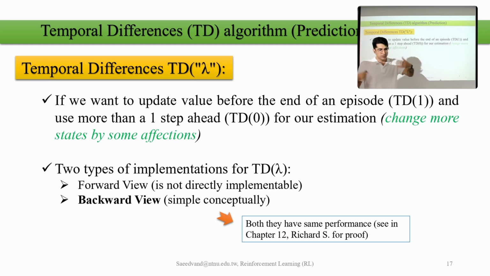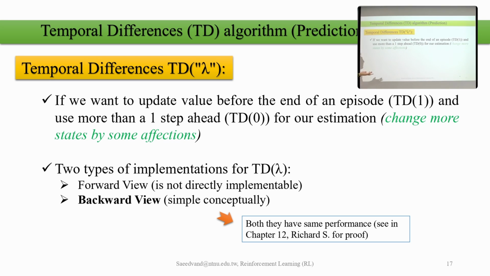The idea is not doing it in one step of the update, and also not doing it up to the end, but somewhere in the middle, or taking some rules to help update the values in the middle of the way.